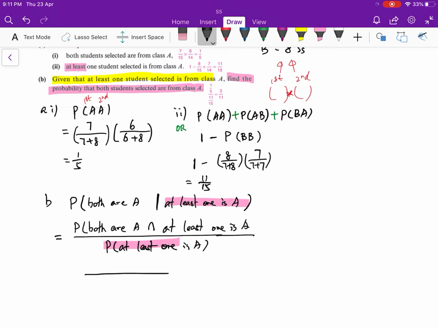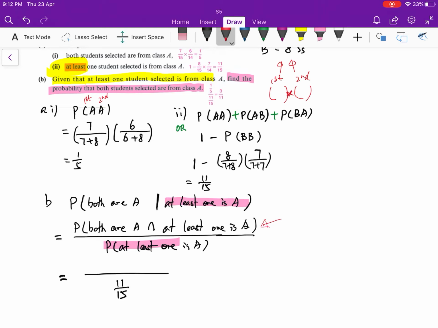Now let's put all those probabilities in. Where is at least 1 is A? It is here. Can you see that? It's the A2 answer, so we just copy the A2 answer. Put it in. It will be 11 out of 15.